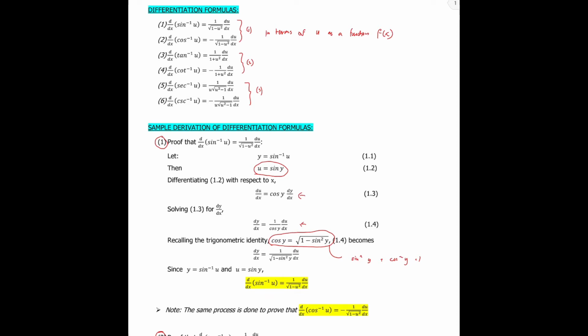So, ibalik nato, ay i-substitute nato dari ang cosine y in place of cosine y. So, we have square root of 1 minus sine squared y. Then, to recall, we have u is equal to sine y. So mao na nato, 1 over square root of 1 minus u squared.